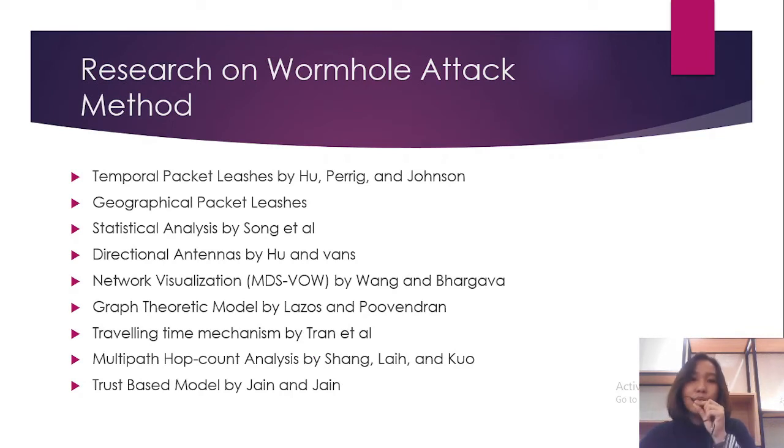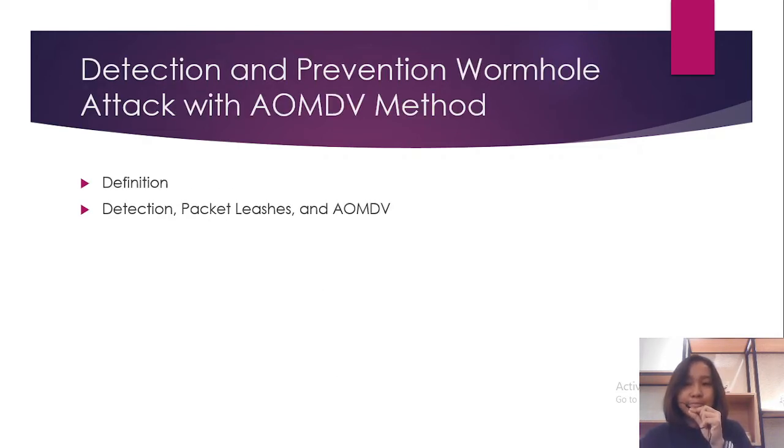Research on wormhole attack method. Each one of the research method has their own provisions and explanations, such as temporal packet leashes by Hu, Perry, and Johnson, geographical packet leashes, statistical analysis by Song et al., directional antennas by Hu and Vance, network visualization MGSVOW by Wang and Bhargava, graph theoretic model by Lazos and Pupendran, traveling time mechanism by Tran et al., multipath hop count analysis by Sang, Lai, and Kuo, and trust space model by Jane and Jane.